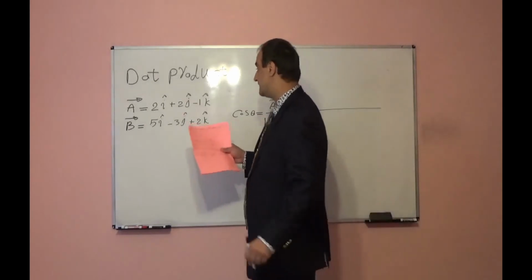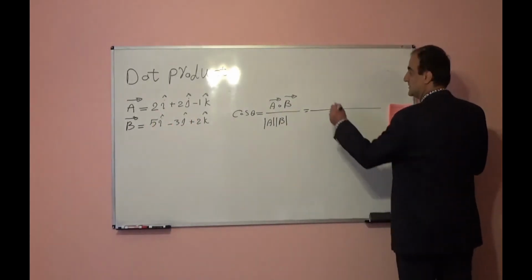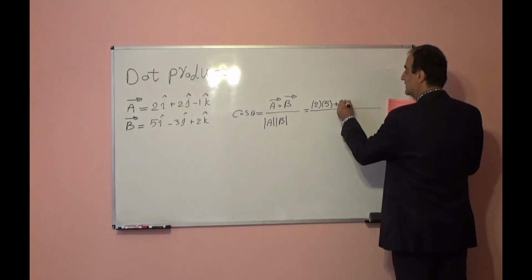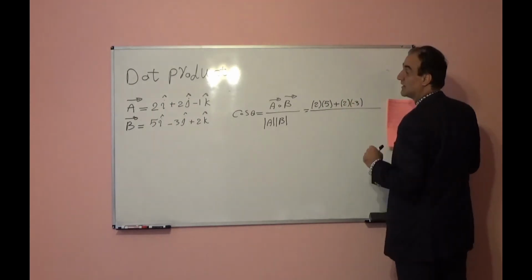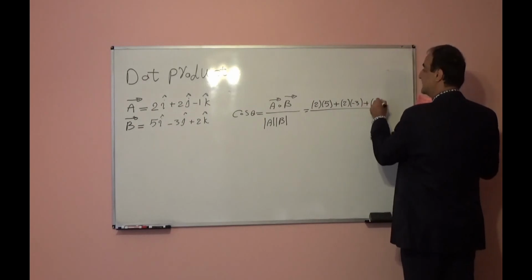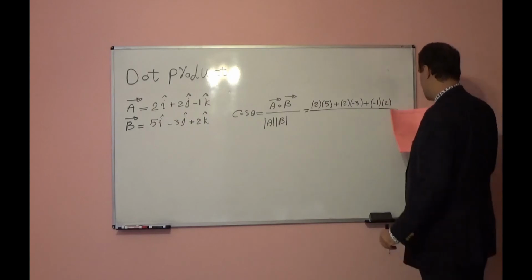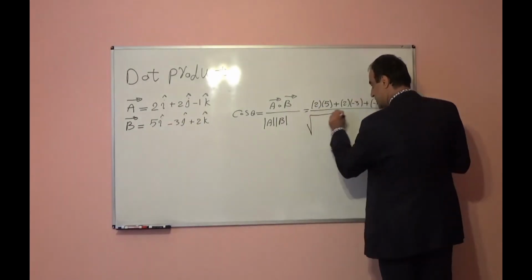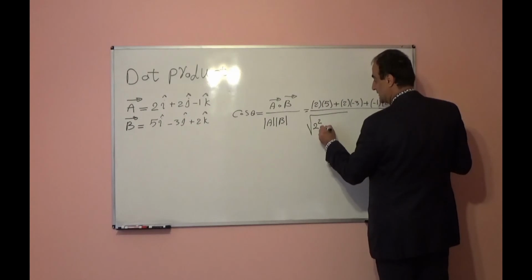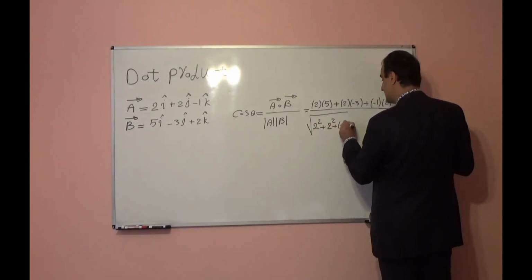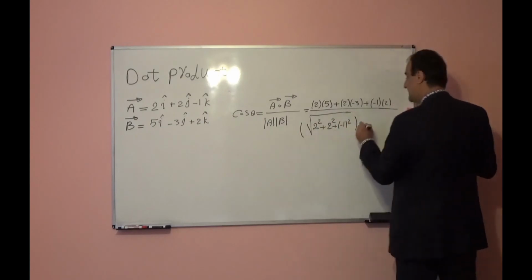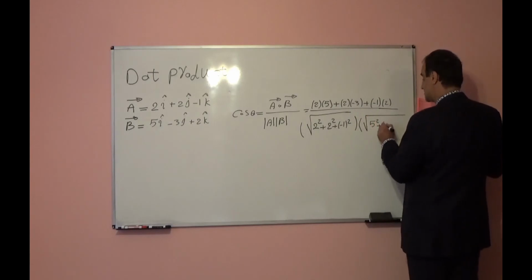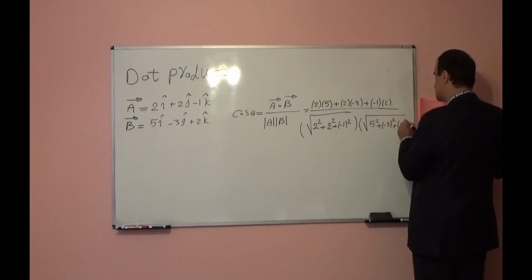So A dot B in Cartesian vector form will be AX BX, 2 times 5, plus AY BY, 2 times negative 3, plus AZ BZ, negative 1 times 2, divided by the magnitude of vector A, which is the length of vector A, the square root of 2 squared plus 2 squared plus negative 1 squared, times the length of vector B, which is the square root of 5 squared plus negative 3 squared plus 2 squared.